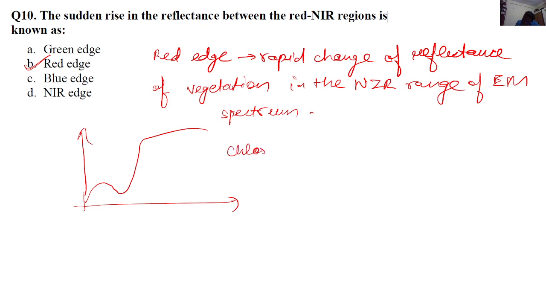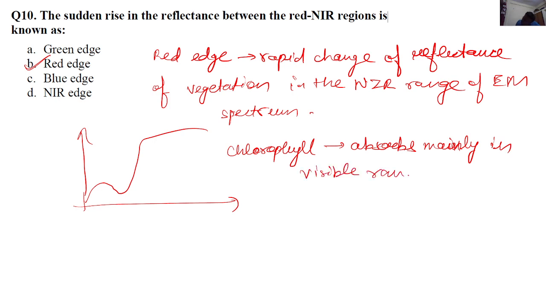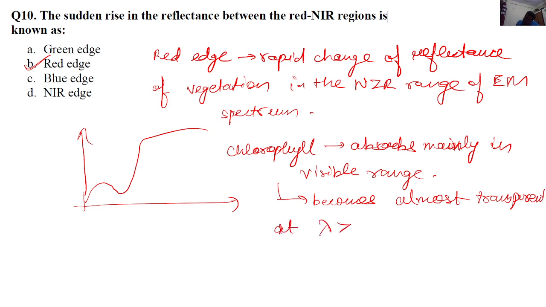Chlorophyll absorbs mainly in the visible range, and it becomes almost transparent at lambda greater than 700 nanometer, which is 0.7 microns. So this happens because of the cellular structure.